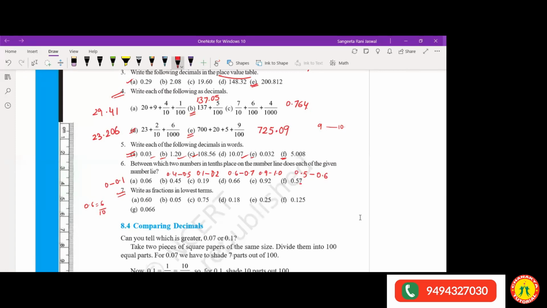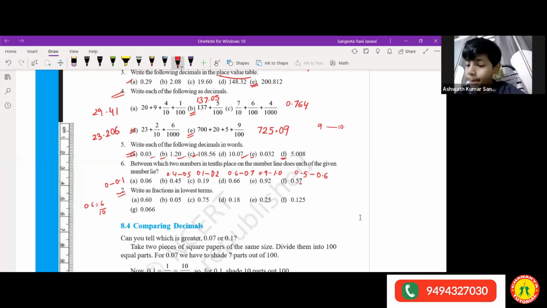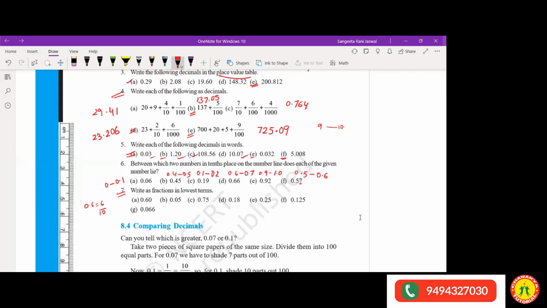Both numbers can be reduced by 2. I divide both numbers by 2. 2 threes are 6, 2 fives are 10. So the lowest form I get here is 3 by 5.